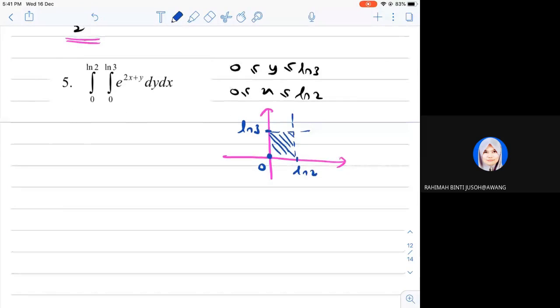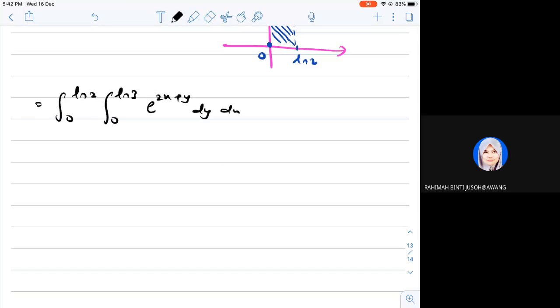Okay, so let us proceed with the calculation now. 0 until ln 2, 0 until ln 3, exponent to x plus y, dy dx. Okay, so now since we have exponential to the power of summation, I can factor out this exponent to x and then integrate exponent.